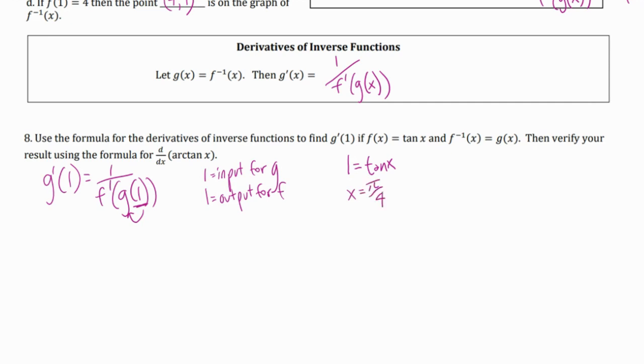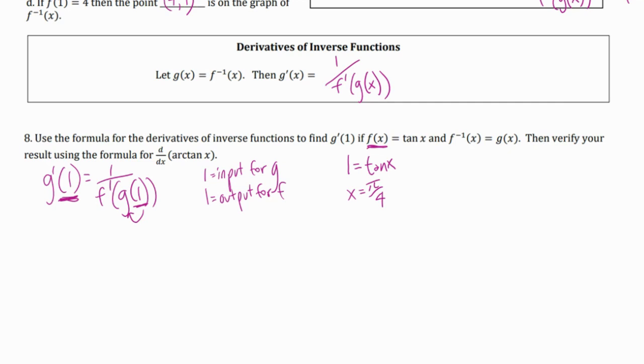Okay, so I'm not taking tan inverse of both sides. Instead, since 1 is the input for g, 1 is also the output for f. So you can plug in this number as the output for the original function. Because again, that's the relationship with inverses. Input becomes output becomes input.